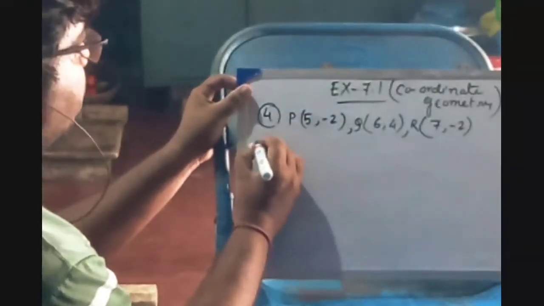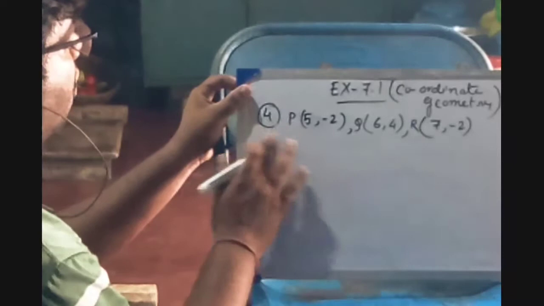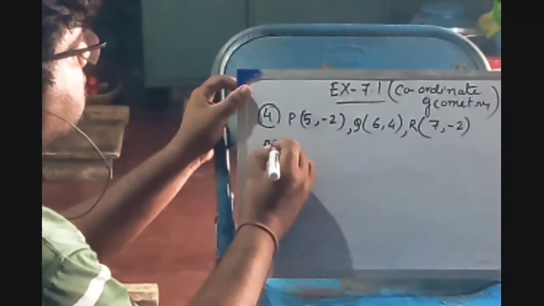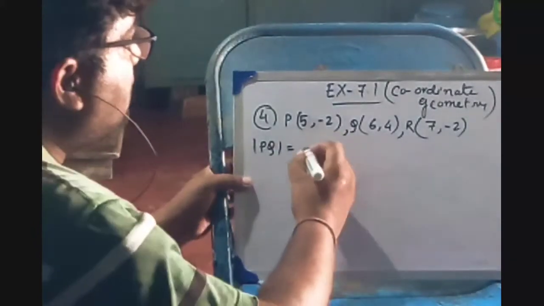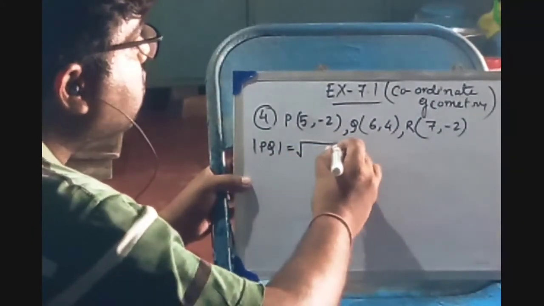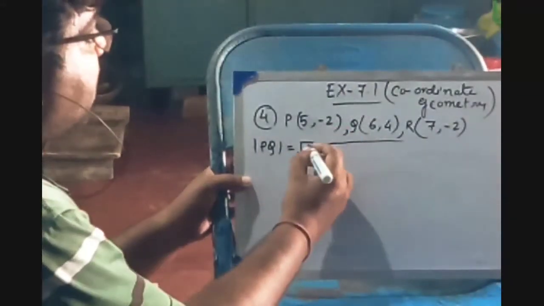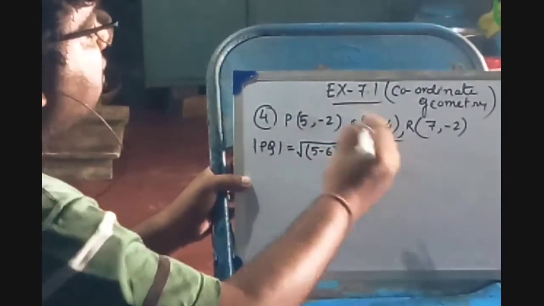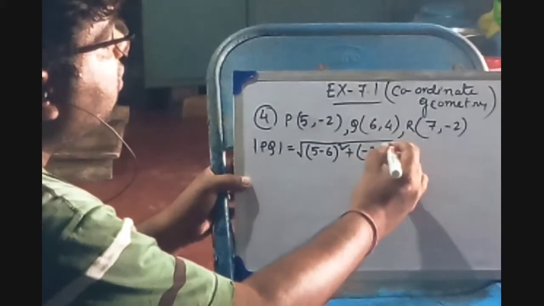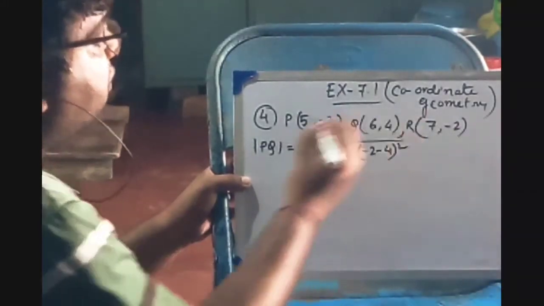So PQ, that is modulus of PQ, equals how much? Root over (5 - 6) whole square plus (-2 - 4) whole square.